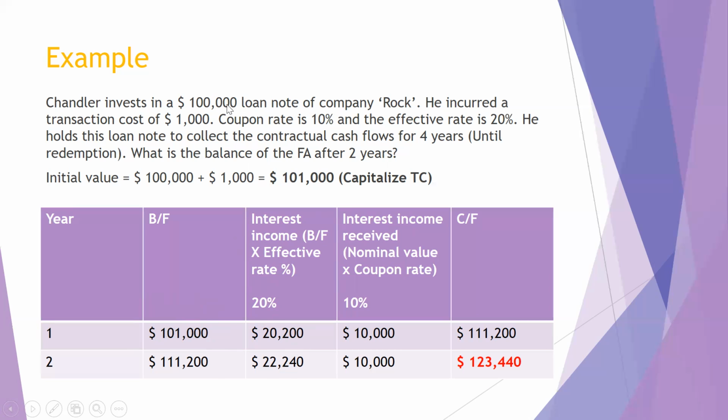Nominal value is $100,000 into coupon rate, that is 10%. That will give you this answer. This is constant, it will not change throughout the years. Then you will get the carried forward. The carried forward balance becomes the brought forward here. Similarly, if you account for it, you will get the answer that is required, the year-end balance after 2 years.